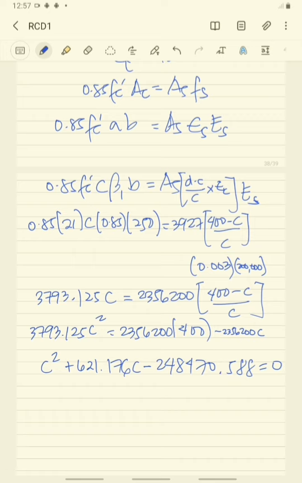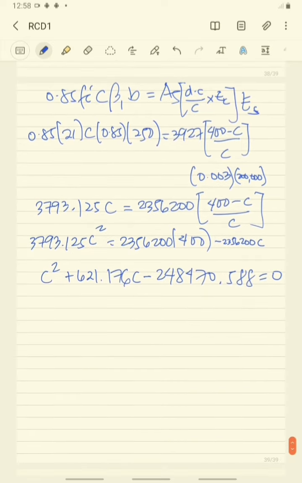And 2356.2 times 400 divided by 3793.125 is 248,470.588. So this is in the form of a quadratic equation.